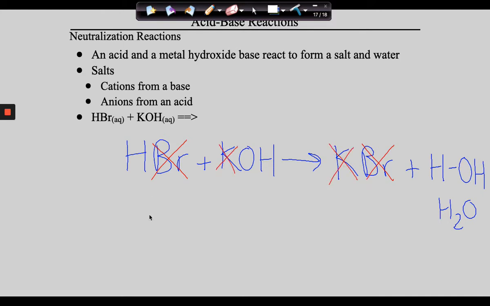At that point, the ions that are actually doing chemistry are the hydrogen from the acid and the hydroxide from the base, and that makes water. Aha. What's the pH of water? 7. 7 is neutral.